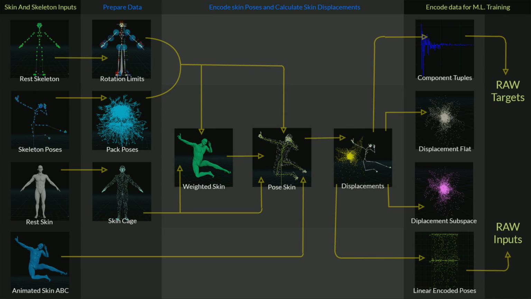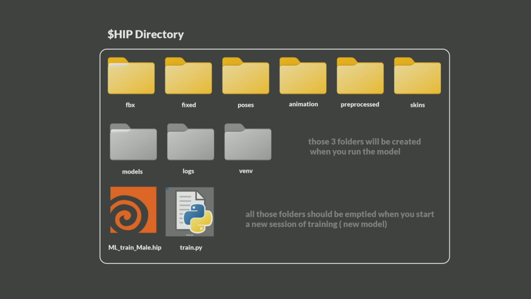Then we export two formats, raw targets and raw inputs, and those are the ones that go into the machine. That's the way the directory should look. The gray folders will appear when you start the training. You don't have those folders at the beginning. They will appear when you start the training, and that's where you find your trained models.